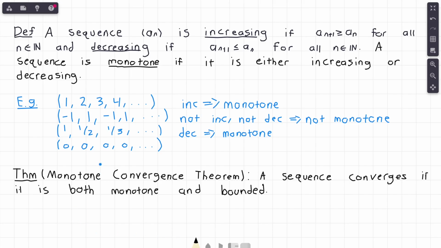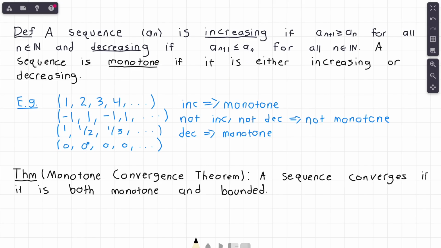Finally, let's look at this last one. We just have a constant sequence of just zeros: 0, 0, 0, 0, 0, 0. We'll notice that each successive term is the exact same size as the previous term. And remember, when we defined increasing and decreasing, we used greater than or equal to and less than or equal to.